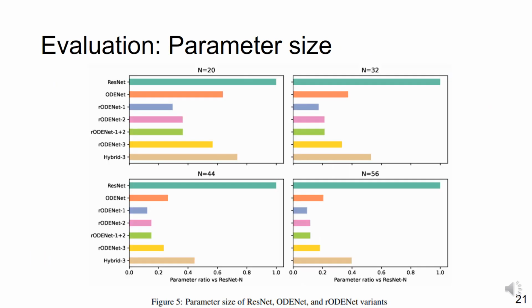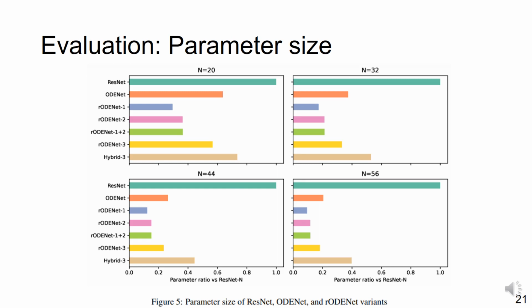This graph shows the number of parameters in these architectures. In ResNet, the number of stacked ResBlocks is n, so the parameter size increases in proportion to n. In the rODENet variants, the number of stacked ODE blocks is constant, while the execution count is increased in proportion to n.